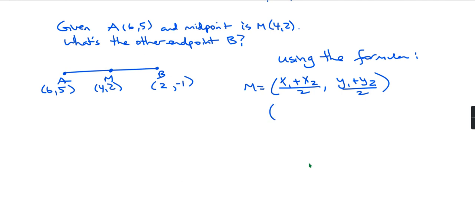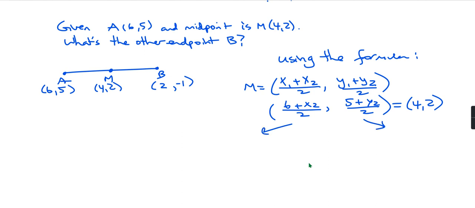So ((6 plus whatever x2 is) over 2, (5 plus whatever y2 is) over 2) is going to be equal to the point (4, 2). That's the midpoint. And so we can break this up into two equations to solve: 6 plus x2 over 2 equals 4, and 5 plus y2 over 2 equals 2.